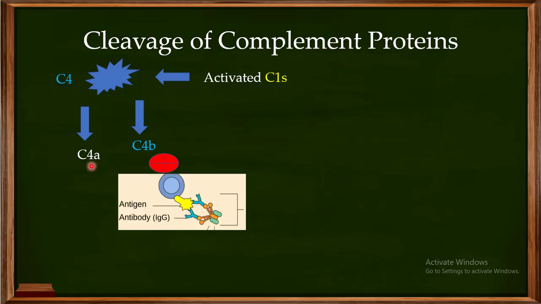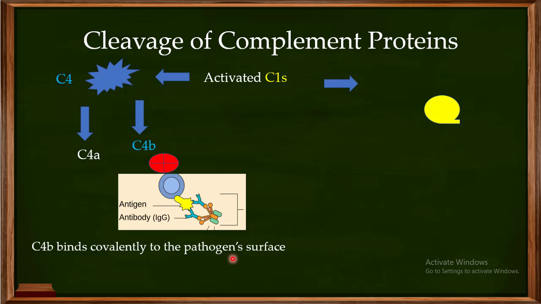Now, when the C4, especially the C4b, gets activated, this C4b attaches to the surface of the pathogen. If this is the surface of the pathogen, the C4b binds covalently to the pathogen surface. Now, the other component in the pathway that is activated by the C1s is the C2.